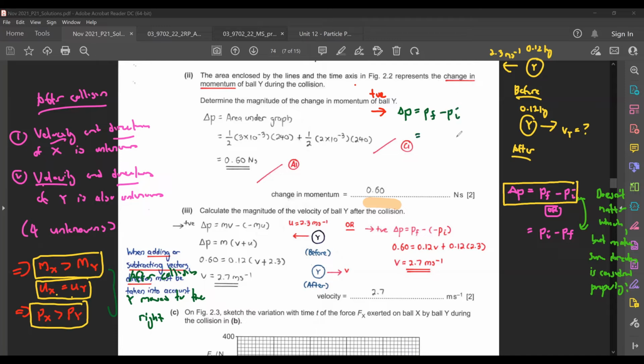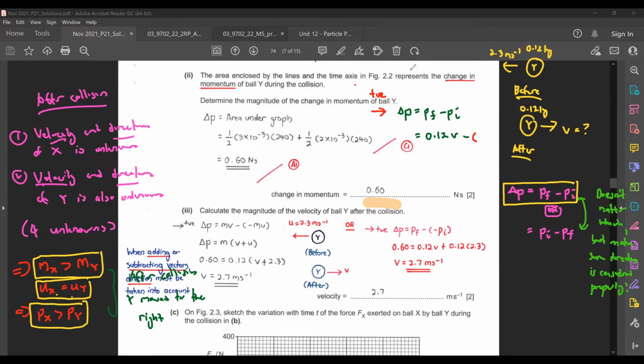The final momentum would just be 0.12 times V. Maybe I don't write Vy, I just write V. This one will be 0.12 times V minus, with the negative, how do I put in the negative here? I'll put it inside the speed.